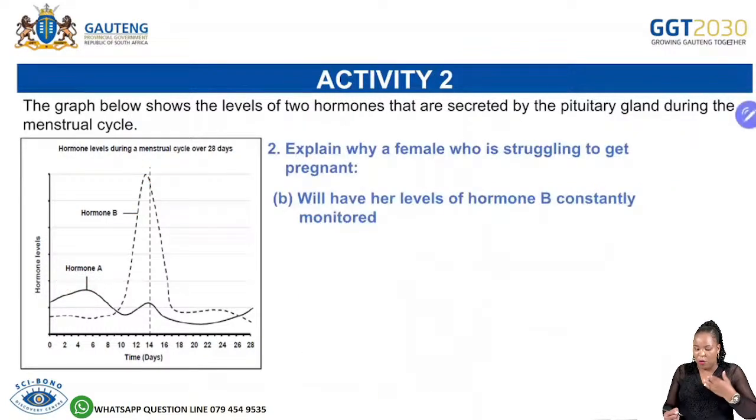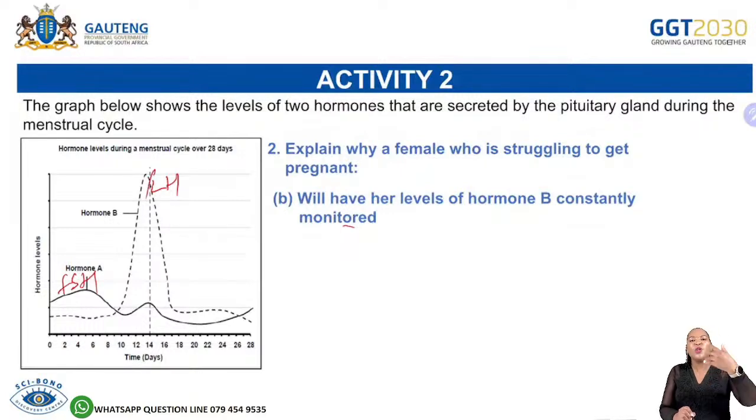So it's more. Then still we have our LH and our FSH. Explain why a female who is struggling to get pregnant will have her levels of hormone B constantly monitored. So hormone B, LH, is going to be constantly monitored.